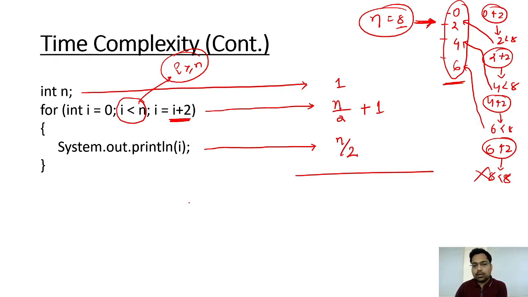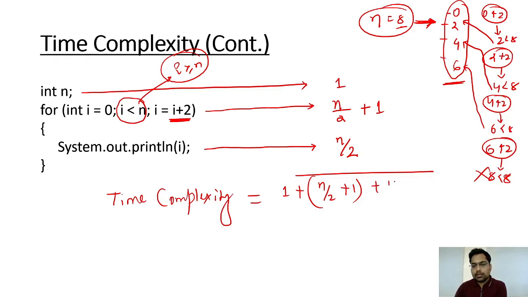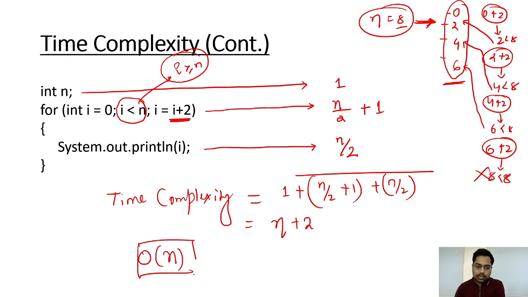Then the total time complexity will be 1 plus n by 2 plus 1 plus n by 2. So you add everything, and it will be n plus 2, or else you can write big O of n, which will be the correct answer.